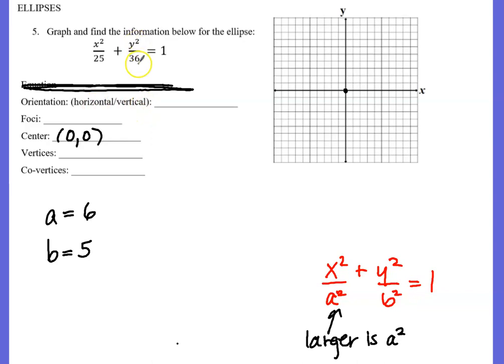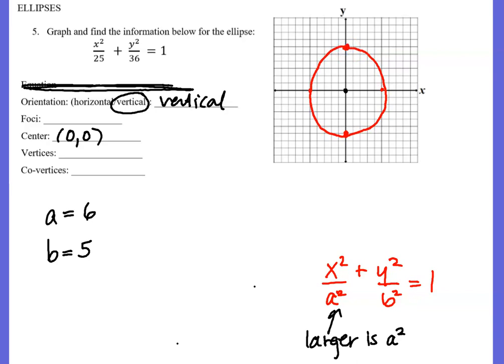Well, because the larger number's under the Y, it's going to be larger in the vertical direction, meaning it's going to have a longer vertical length. So I'm going to go my A value from the center, so that would take me up 6 and down 6 from the center. And then I'm going to go left and right 5 because I'm going in the x direction. Okay, and then I can connect these.